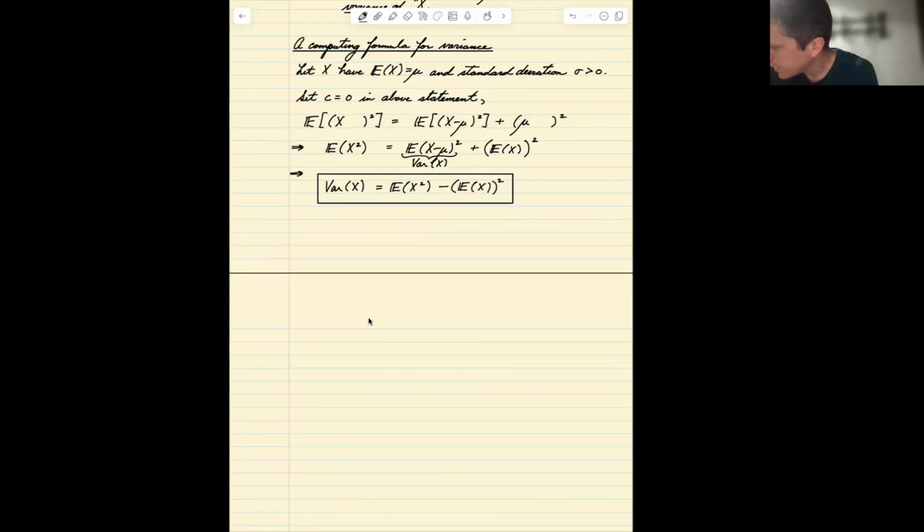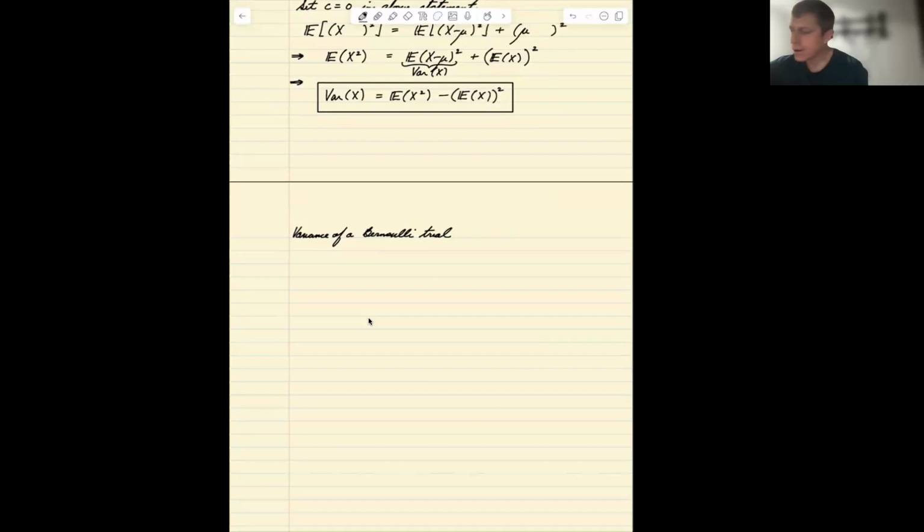So the variance of a Bernoulli trial. Remember what a Bernoulli trial is.